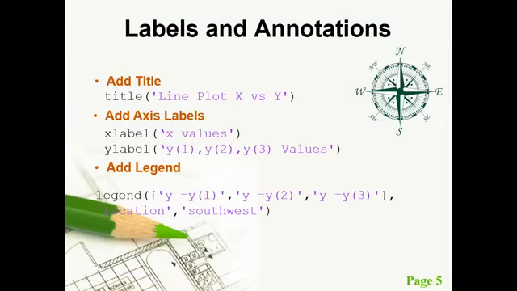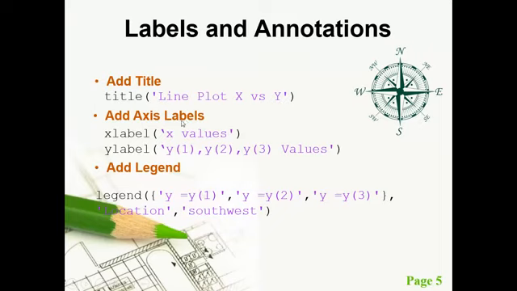So we'll see the labels and annotation. How to add the titles, labels, axis names or legends to the graph. To add the title, this is the command title in brackets in quotes. This is the title of the graph, line plot x versus y.